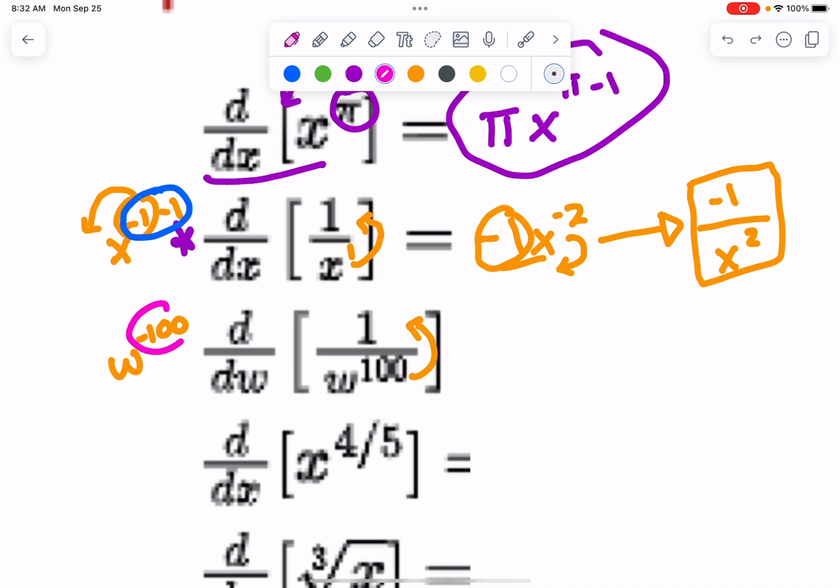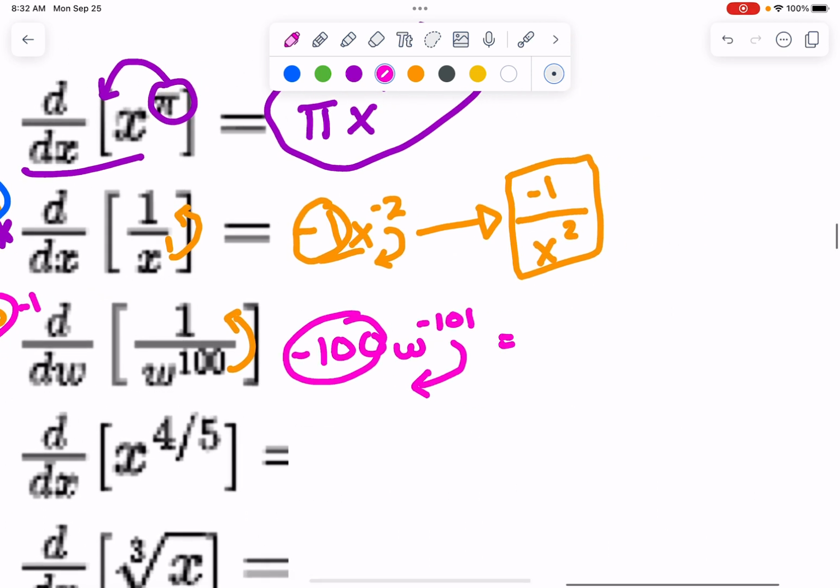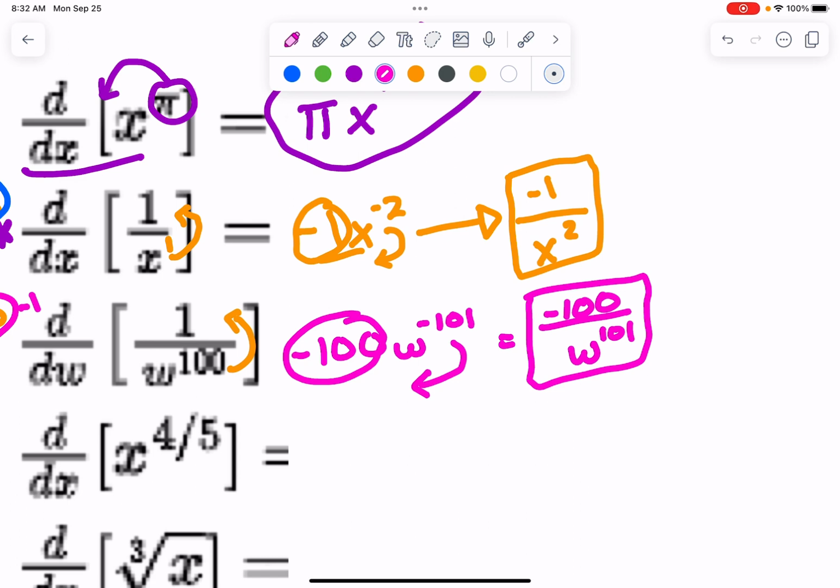I'm going to move that 100 down in front, so negative 100 w, and I'm going to subtract 1 from the exponent. Negative 100 minus 1 is negative 101. Now if I move him back down to the bottom, the 100 gets to stay on the top. And this is negative 100 over w to the 101. That's what he will look like.